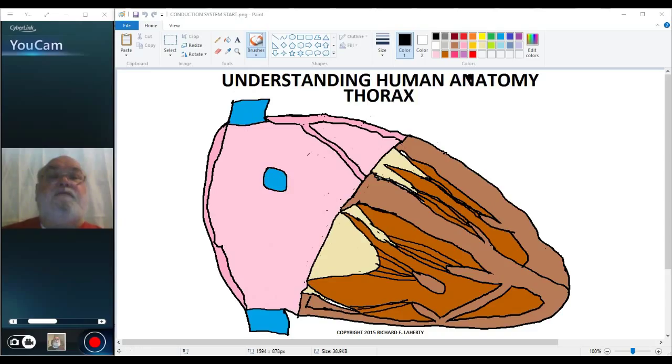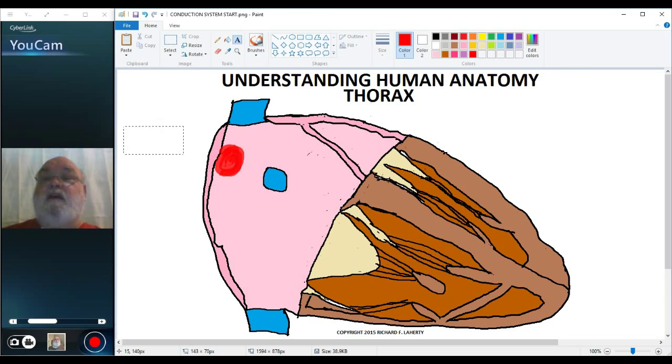Now, the pacemaker of the heart is a structure called the SA node. And I'm going to paint the SA node in here. I'm making it larger than it actually is in relation, but I want it to be nice and visible.